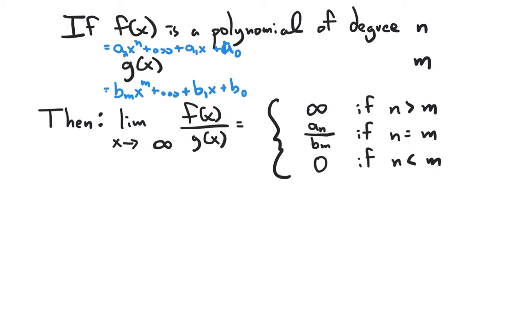And with negative infinity, it's almost the exact same. I'll just update this in red for negative infinity. The only thing we have to be careful about is, in the case where the top polynomial has a larger degree, whether the limit is going to be plus or minus infinity, let's say depending on whether n minus m is odd, you'll get negative, or even, you'll get positive.